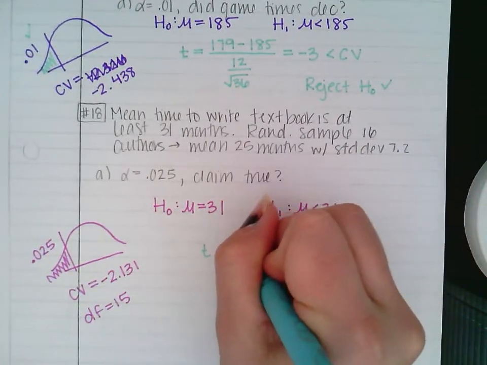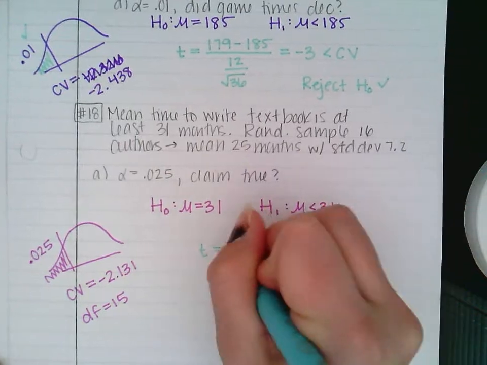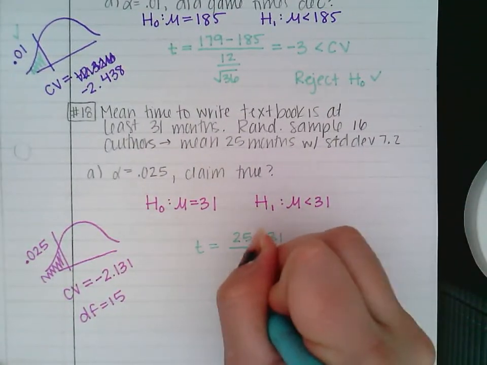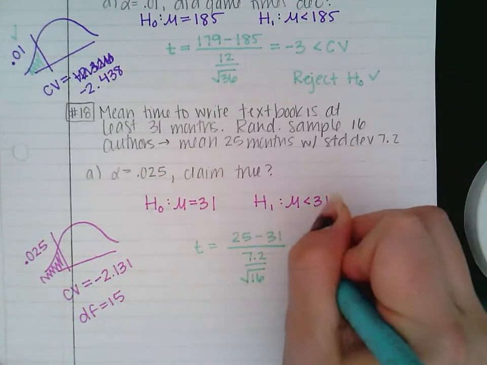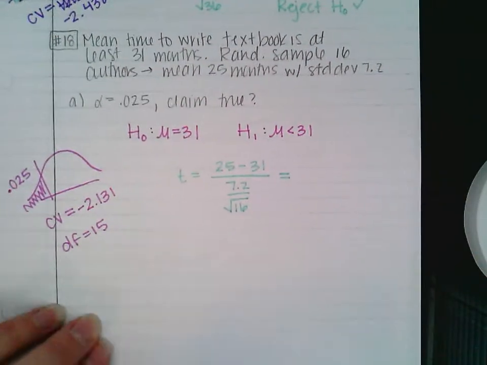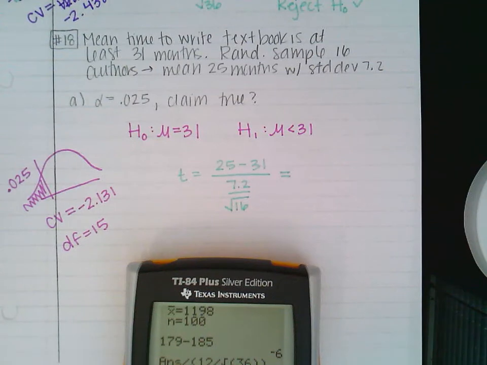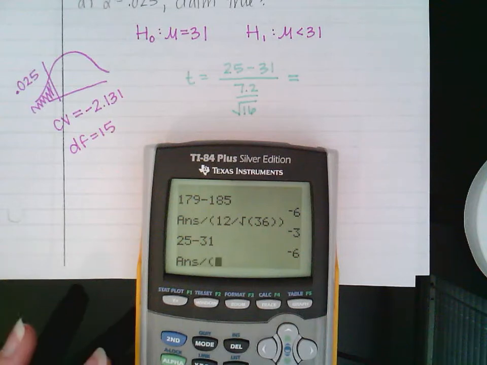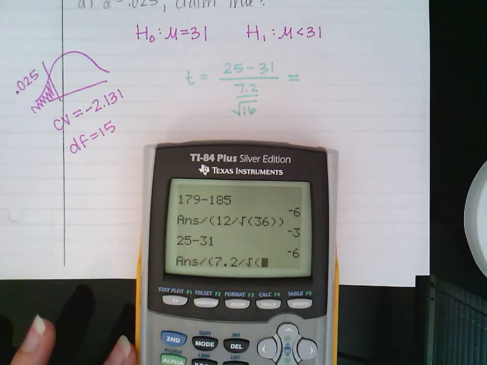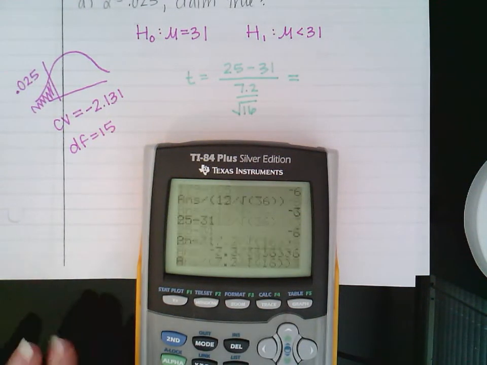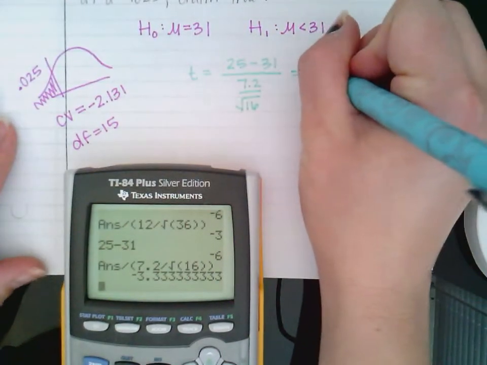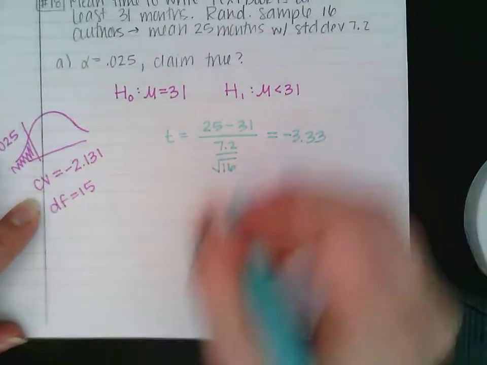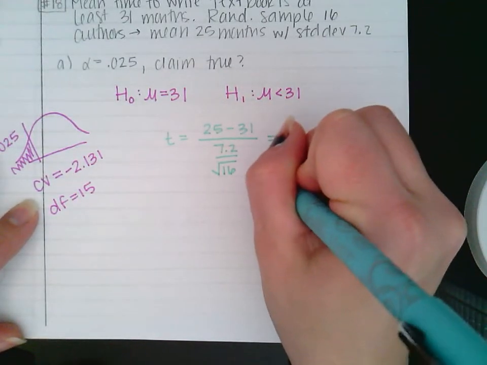So 25 minus 31, all over 7.2 divided by the square root of n. And that is in my rejection region here, so we can reject H0.